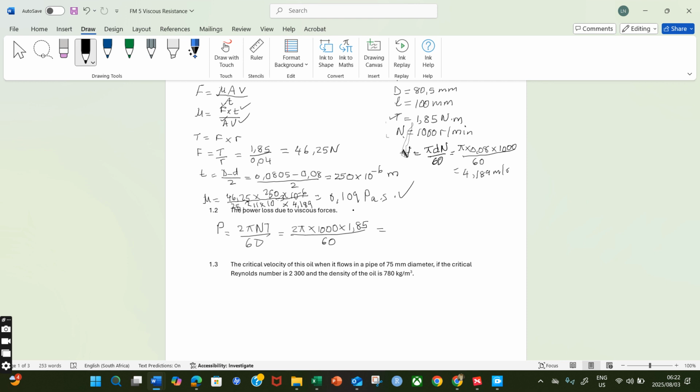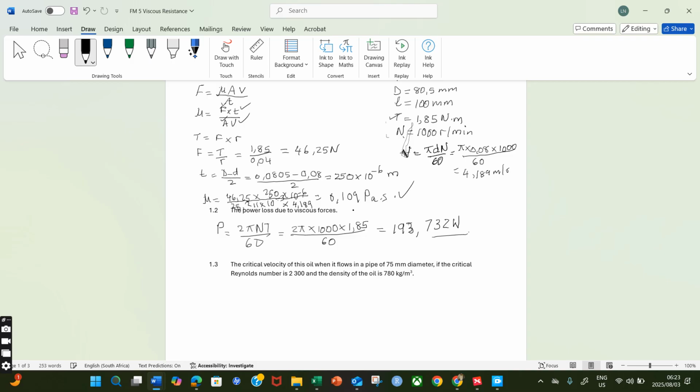So it's 193,732 watts. This is the power loss.